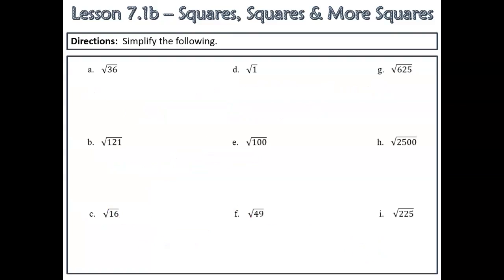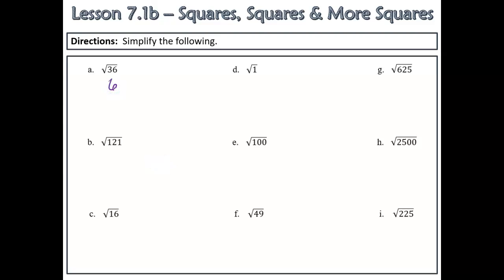All right. Now, these are all perfect squares, which means they will have a whole number square root. These are things that you're going to have to memorize, and we'll work on that in the upcoming days. So the square root of 36, or what number times itself is 36, is 6.